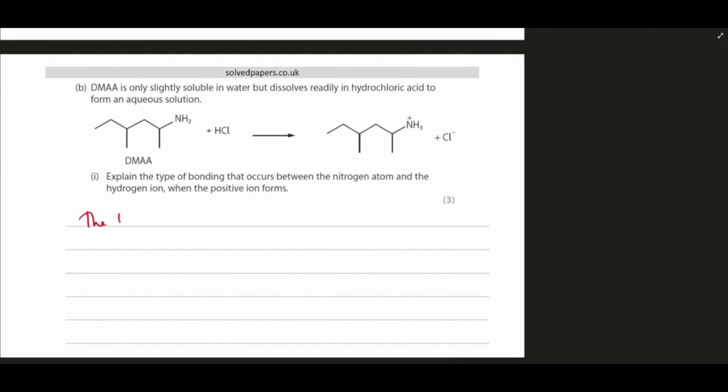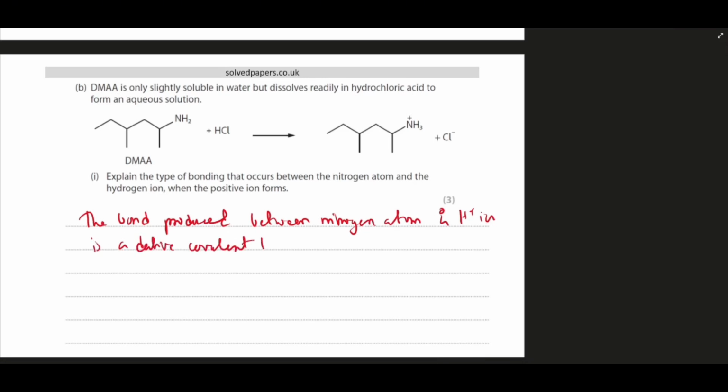The bond produced between the nitrogen atom and the H+ ion is a dative covalent bond.